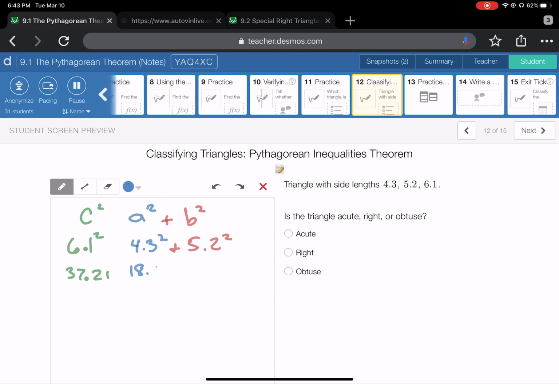And then lastly, we're going to do 5.2 squared, which is 27.04. And then that's going to be added together to give us 45.53.